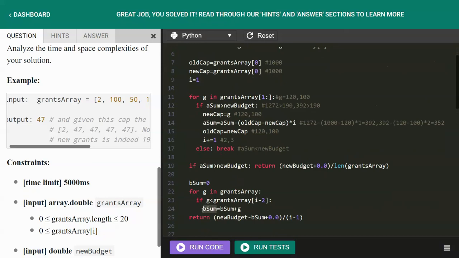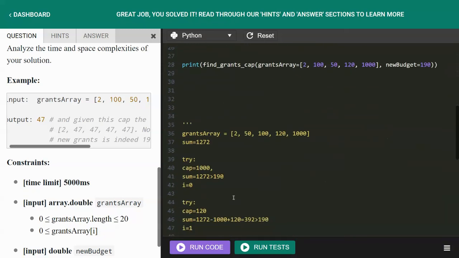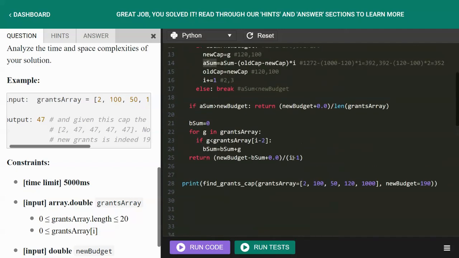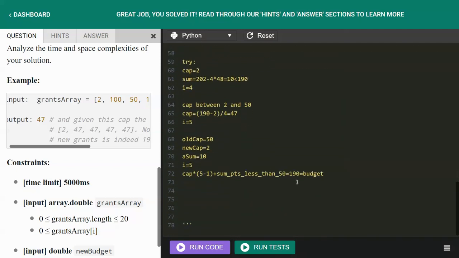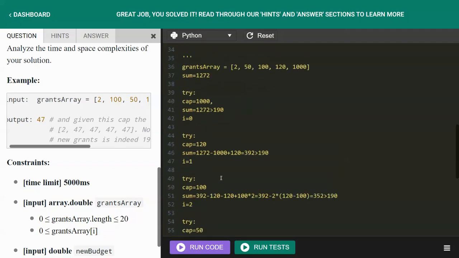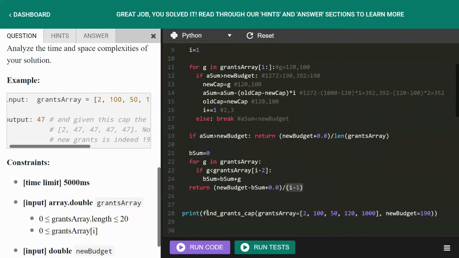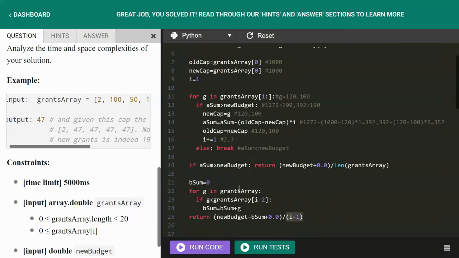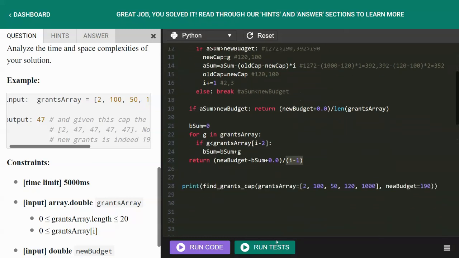The reason I call it B sum is just to differentiate it from A sum to avoid confusion. So the last step is to take the difference between the budget and the sum of grants less than 50. I put it on the other side of the equation. It will be the budget minus the sum of grants less than 50, divided by, in this case, 5 minus 1. Basically, it's I minus 1 in general.